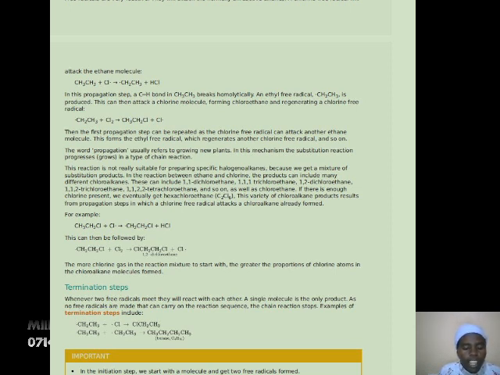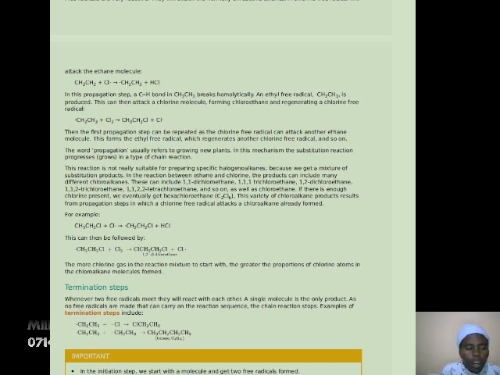Lastly, we have the chain termination steps, whereby the radicals come together to form a complete molecule that will not be attacked anymore by a free radical. For example, an ethyl radical plus a chlorine radical will form chloroethane, and that reaction is complete.